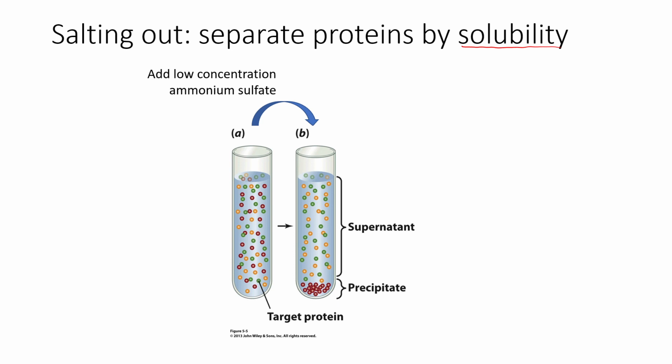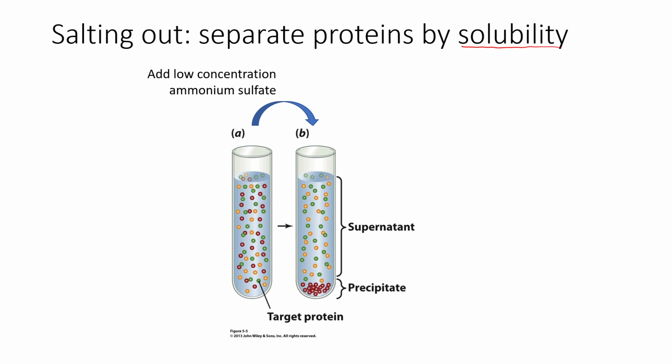The more salt you add, the more of the water is bound up surrounding all of the salt ions, and that makes less of it available to surround your protein of interest, or any protein. So the less naturally soluble a protein is, once you start adding salt, the proteins that have the least solubility will start to precipitate out.